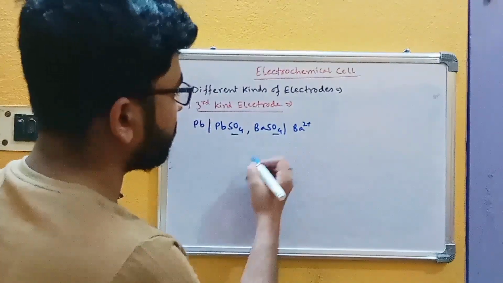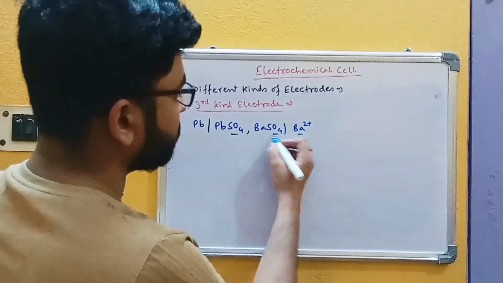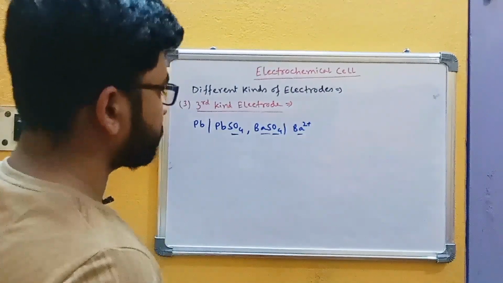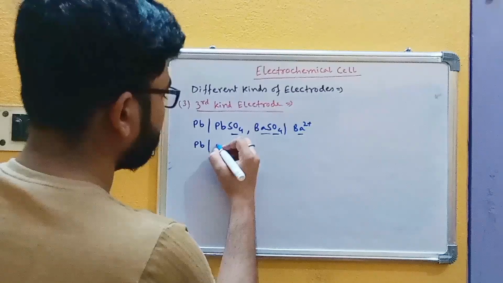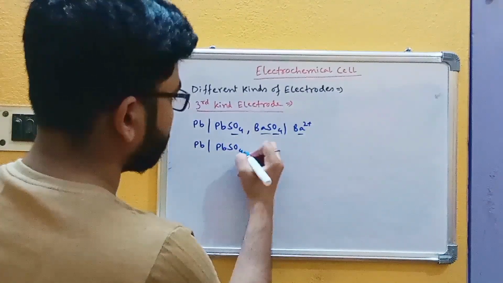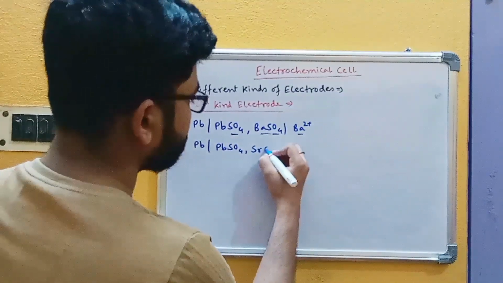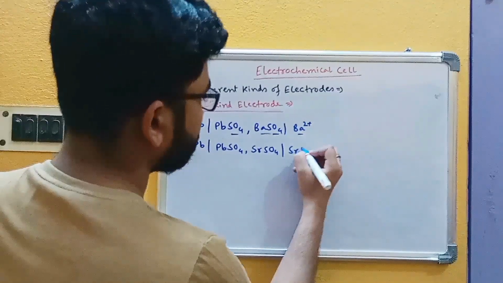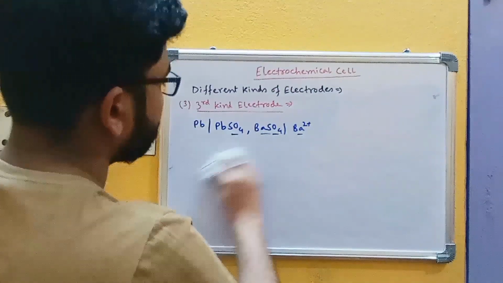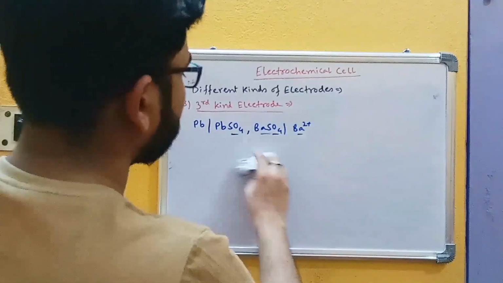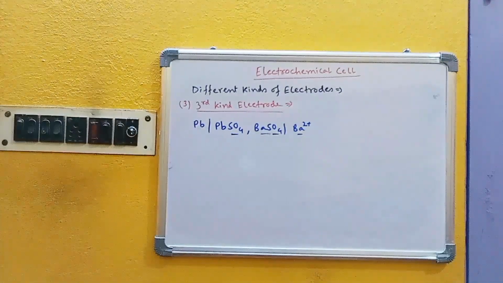Sulfate over here, sulfate over here, and we take the metal of this salt. Similarly, we can write Pb, PbSO4, SrSO4 and Sr2 plus.